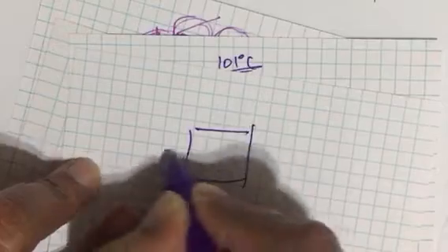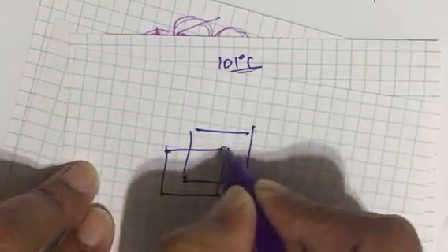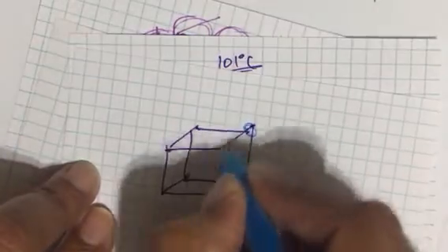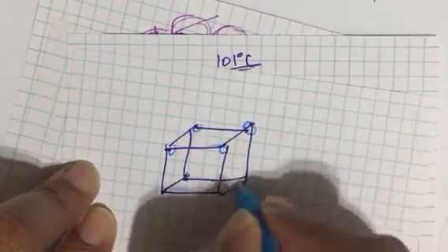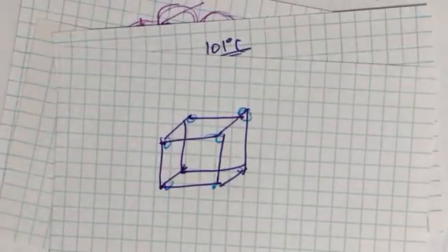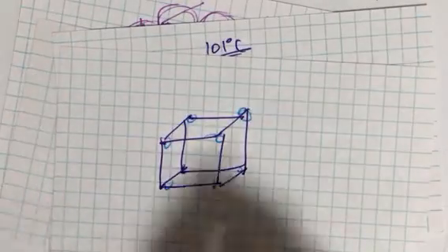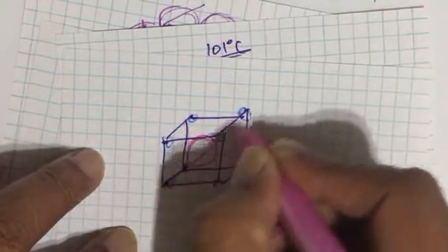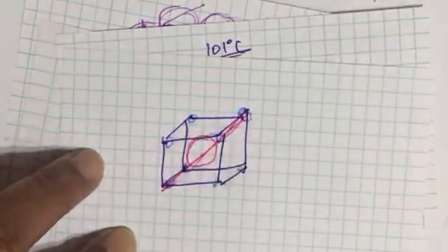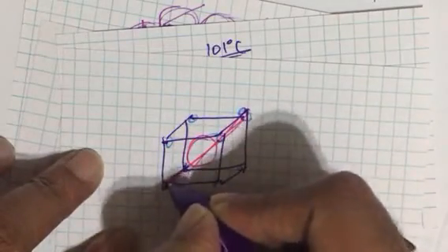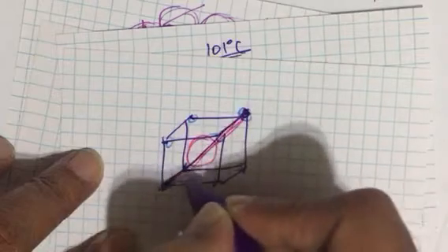If particles are there in corners and also in the body center, I call it a body centered cube. In a body centered cube, if you draw a diagonal like this, you would see that this particle, starting here, is touching here.